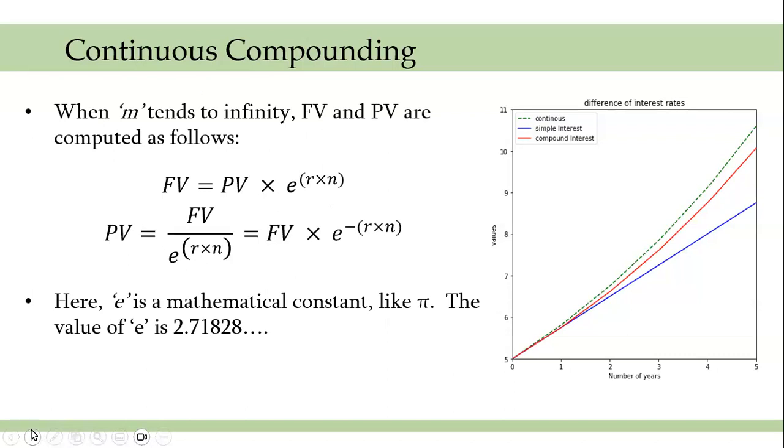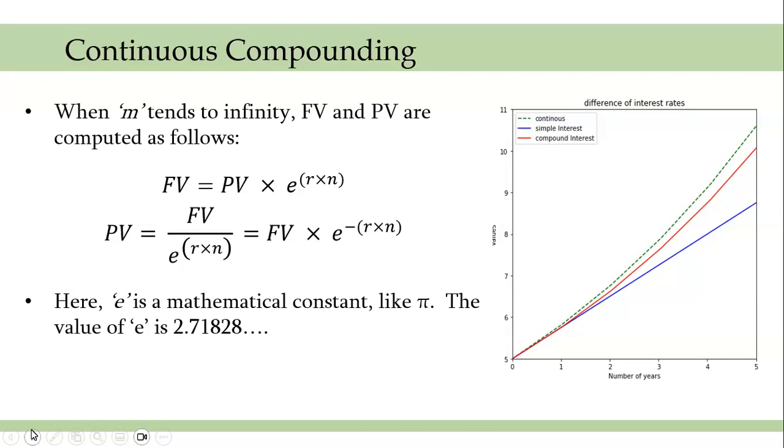When you have continuous compounding, or when m tends to infinity, we have a new formula for calculation of future value and present value. The future value is calculated as present value into e to the power of r into n, and present value is calculated as future value divided by e to the power of r into n, or alternatively, future value multiplied by e to the power of minus r into n.